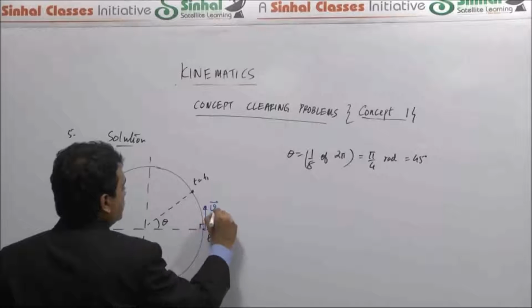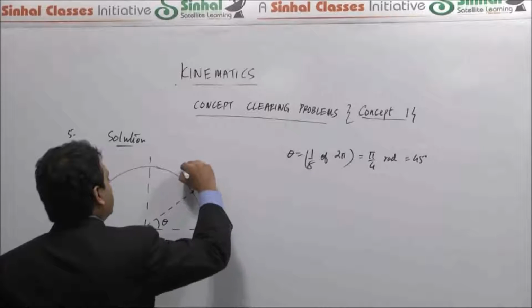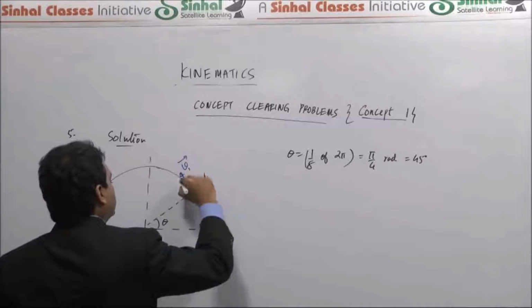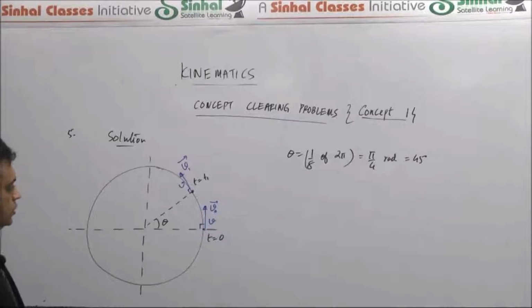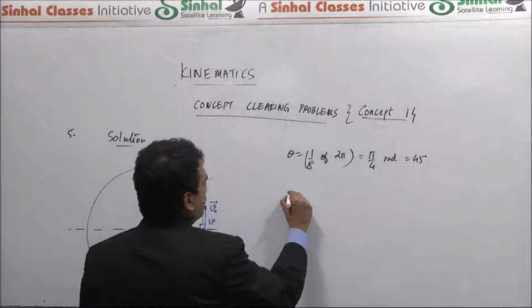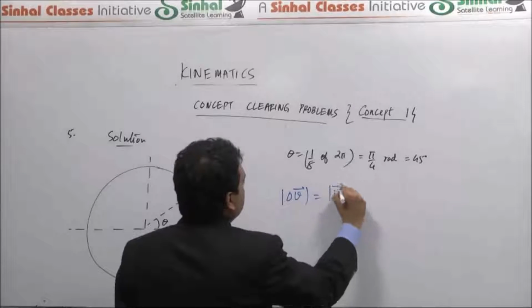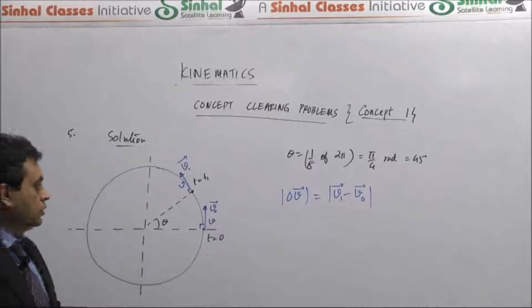Its magnitude would be v, and the velocity of the particle at this point of time is v1. Its magnitude would be again v, which is given to us. Okay. So the change in velocity would be v1 minus v.